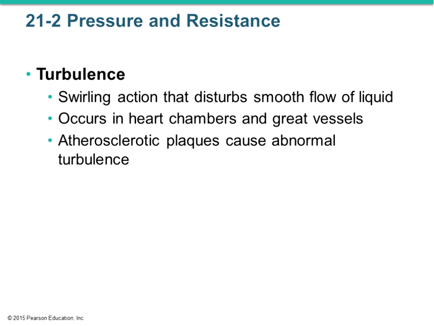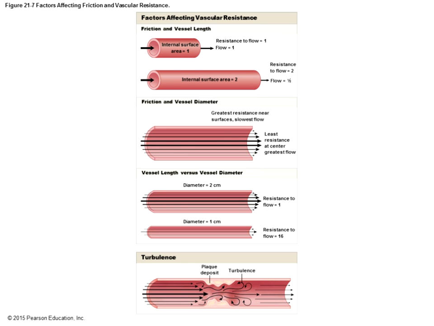So the water passing over the rocks produces some turbulence, and that's basically what can happen if you have something blocking a vessel, like a plaque or some other sort of buildup. And so that can occur in heart chambers and great vessels. Atherosclerotic plaques can cause turbulence, which can impact flow.